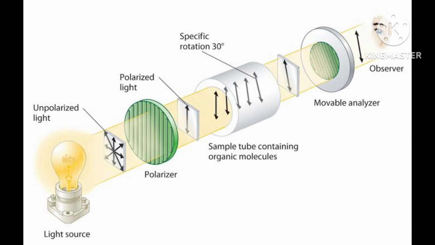If the compound rotates the plane polarized light to the right, that is the clockwise direction, it is called dextrorotatory. It is a Greek word, Greek for right rotating, that is dextro.